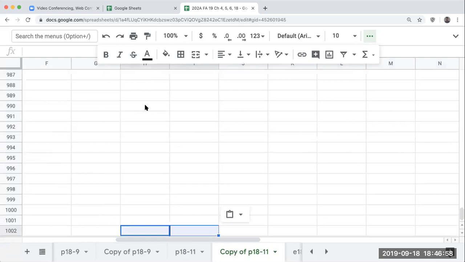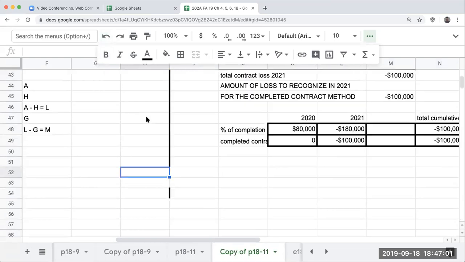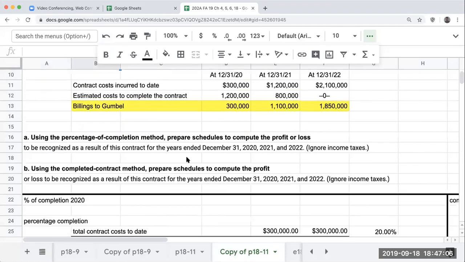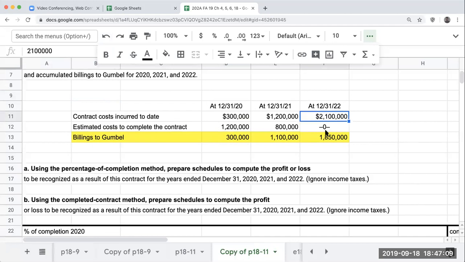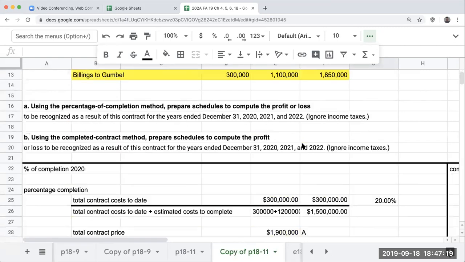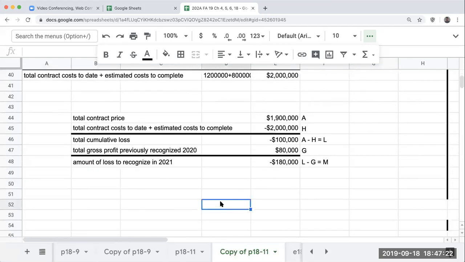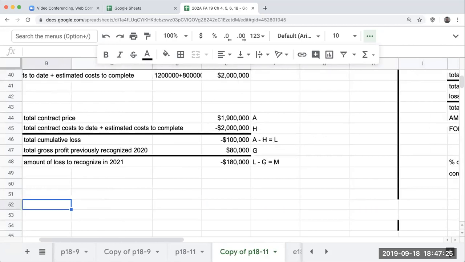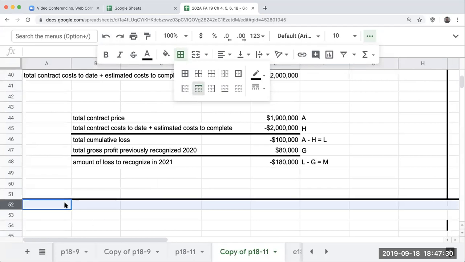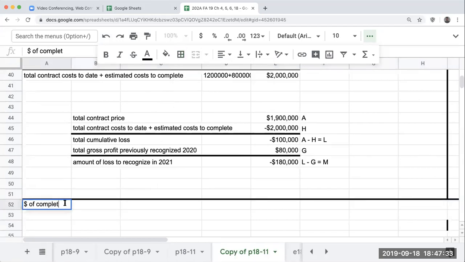Okay, so we now have our final year, which is this part right here in 2022. So now I've got my contract costs incurred to date are 2.1 million. My estimated cost to complete are 0. And again, I'm going to ignore the billing, and my total contract price is 1.9 million. So for 2022, under percentage of completion, I'm going to copy this part right here.